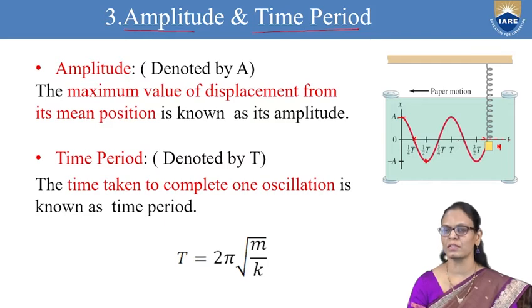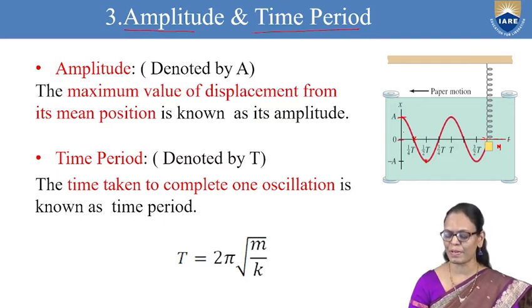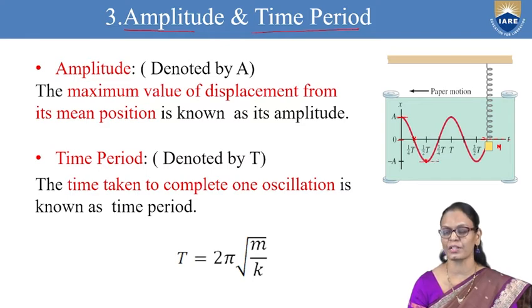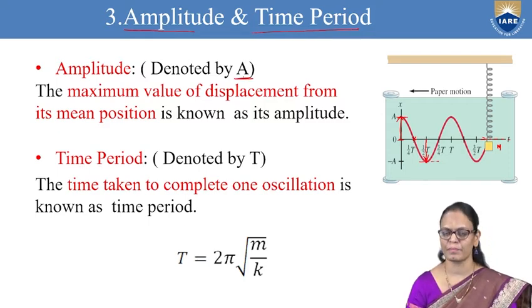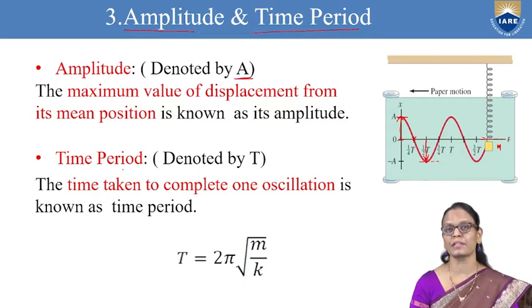The maximum displacement in the upward or downward direction we call amplitude, generally denoted by capital A.